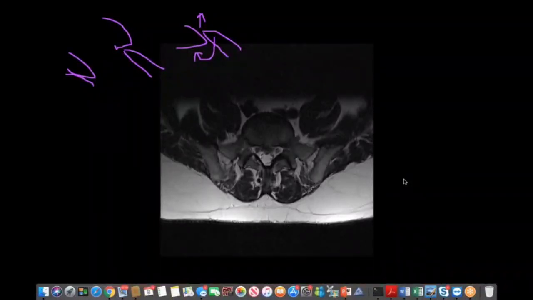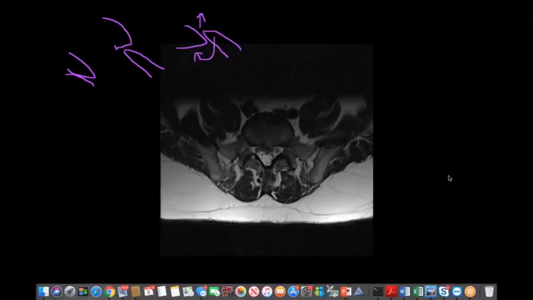How to differentiate between a sequestered disc and a mass lesion? Well, it can be quite difficult sometimes. What we need to look for is what's the signal of the sequestered material and whether it is the same as the degenerative disc in that particular location. If it's similar, that's what we say.